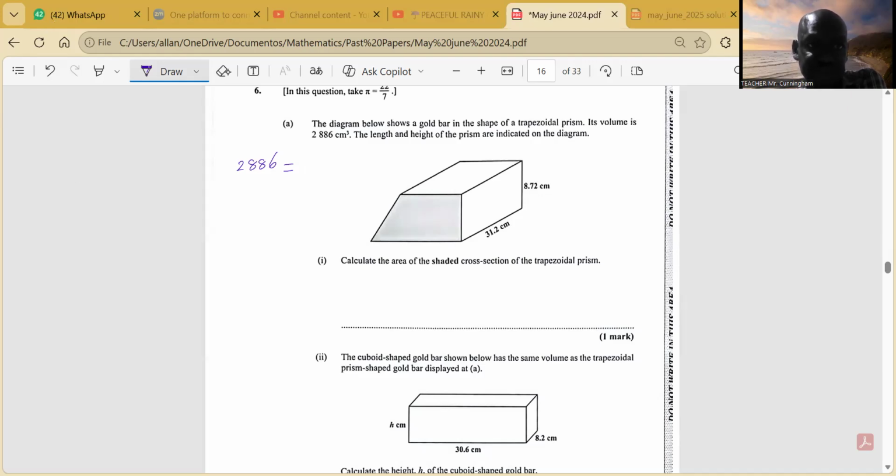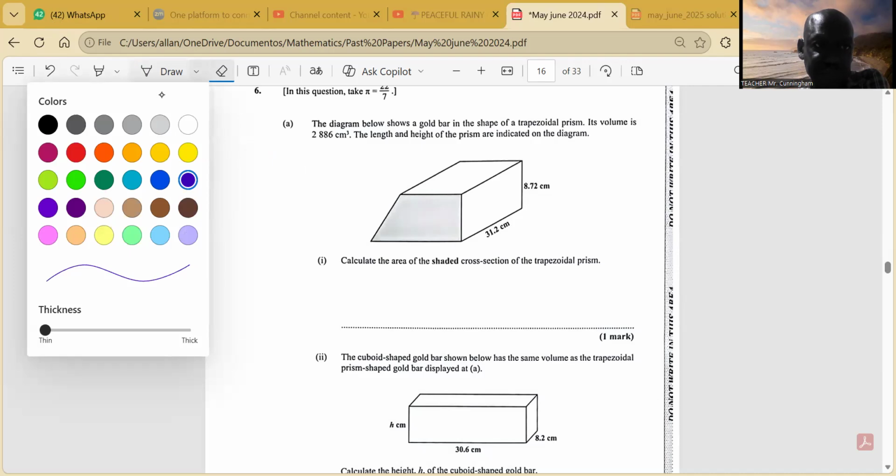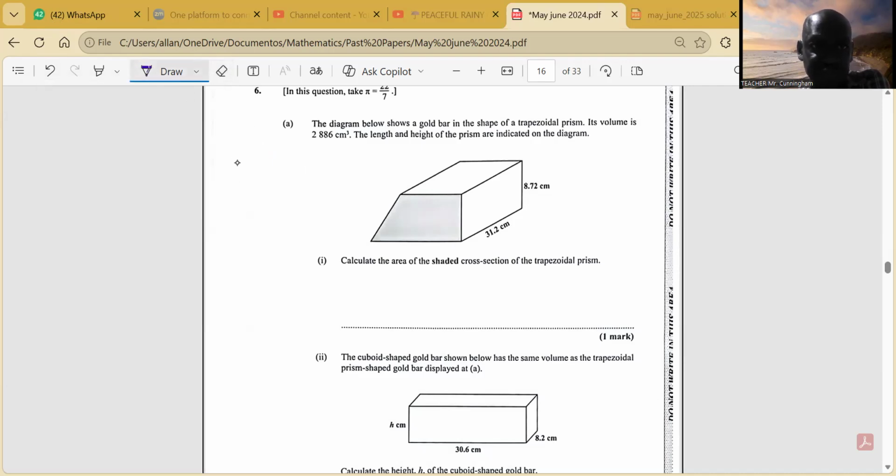Volume of a prism, you came in a little late, but the volume of a prism, because this is a prism here, is equal to the cross-section area multiplied by the length.